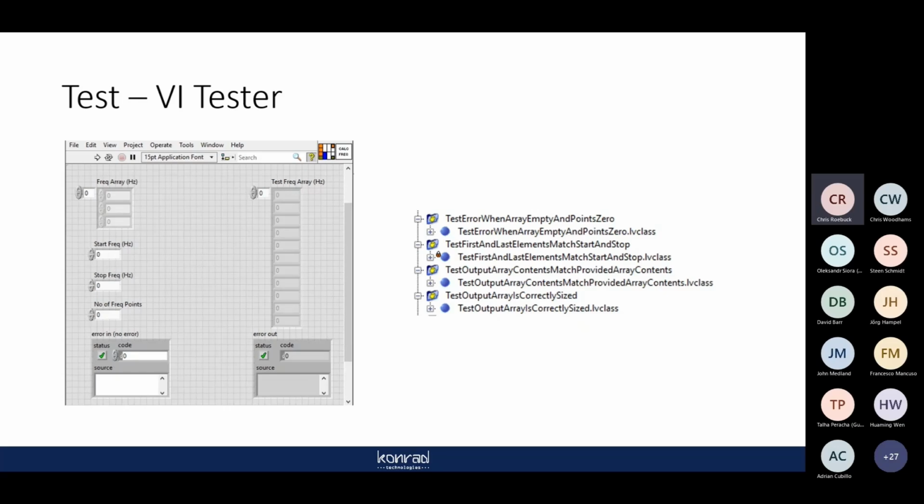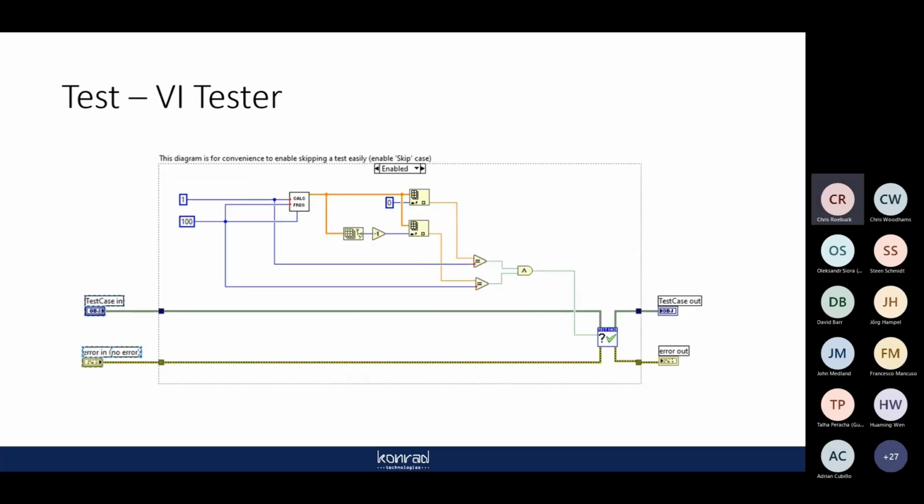So we've actually created some unit tests on the right that are going to be run against this particular function in order to test that it's been correctly implemented. Here's an example. In this case, I'm creating 100 points.